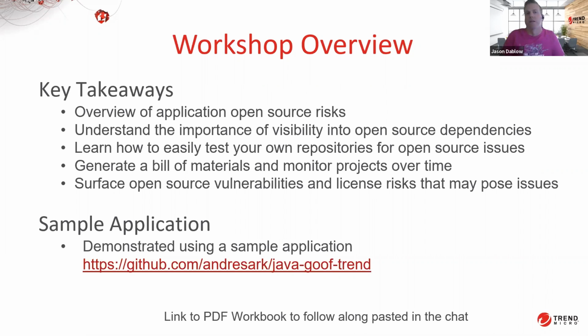We're going to look at the bill of materials or open source licenses, and also dig into some of the vulnerabilities that might exist within open source. Throughout today, we're going to be using a sample application. It's a Java Goof app that was developed with Snyk and Trend together.